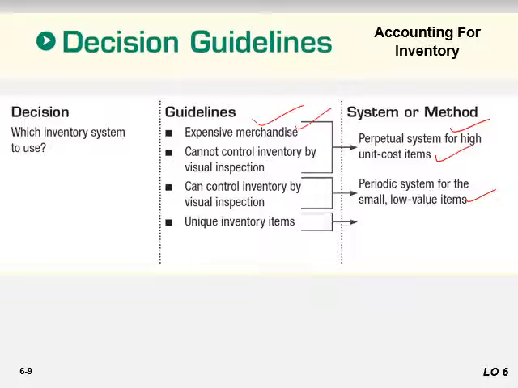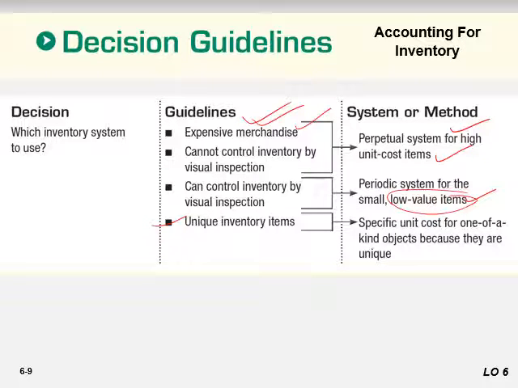And if you can control the inventory by visual inspection, then you use periodic, and normally it is used for low value items. In this case, you cannot go to the vault every day to inspect, saying: I have this much diamond and this much gold.